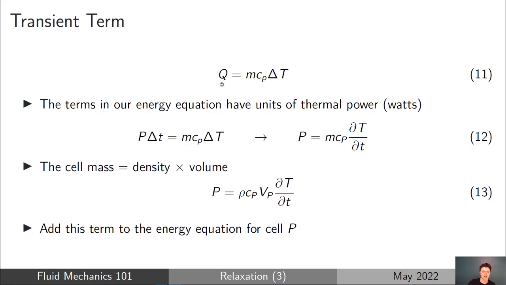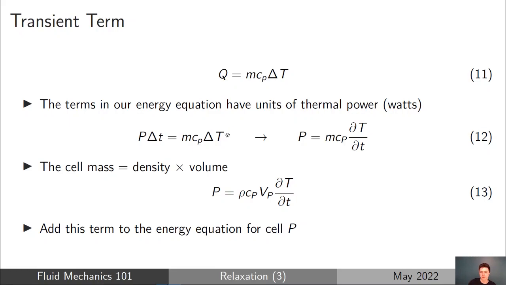And so what we actually need to do to derive this transient term properly and apply it is rewrite the thermal energy as the thermal power multiplied by some increment in time. So power times an increment in time will give the MCp times the increment in temperature that results from that additional thermal energy.